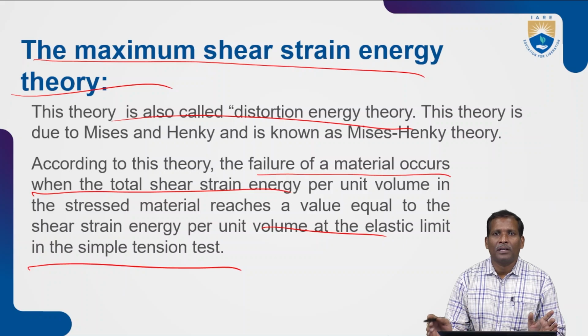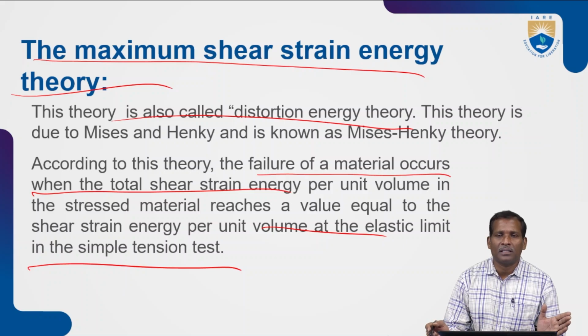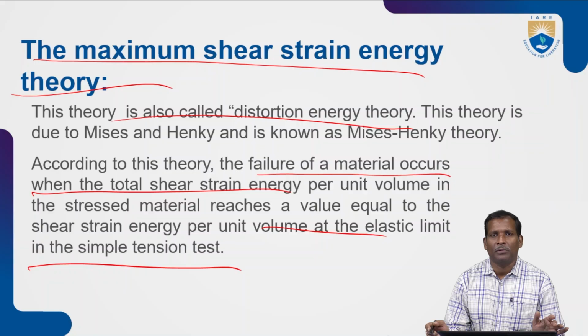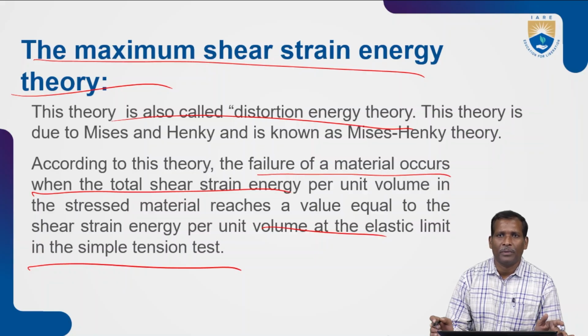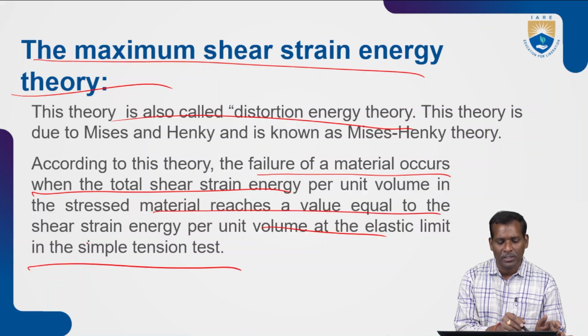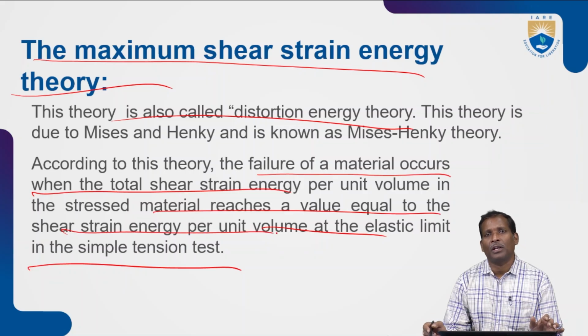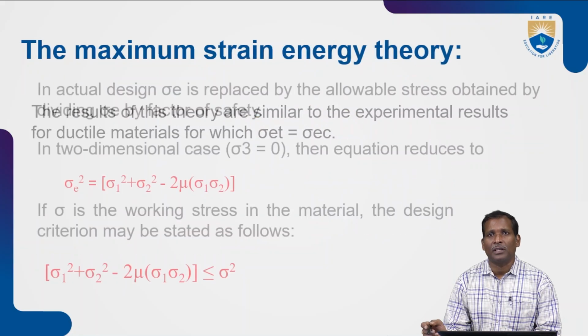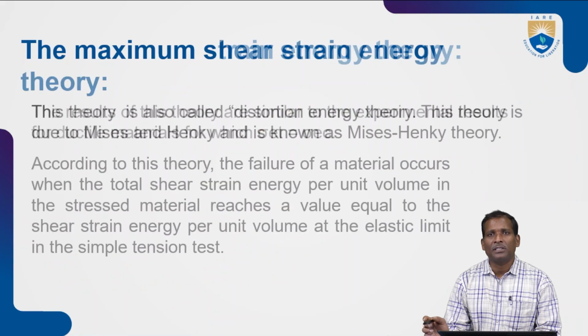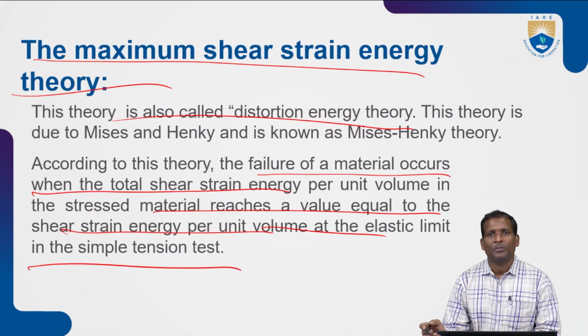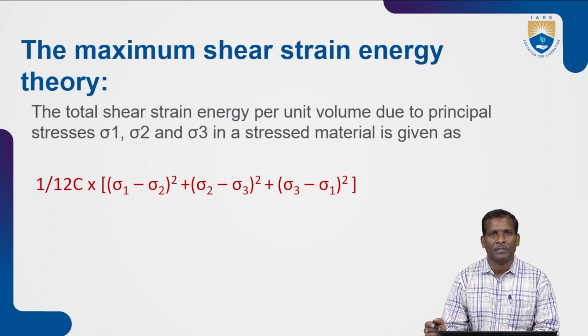Here you are taking the total. In the previous case, that was the maximum strain energy only, so we were using only strain energy per unit volume. Here we are considering the total strain energy per unit volume, which is equal to the strain energy per unit volume at the elastic limit in the simple tension test.